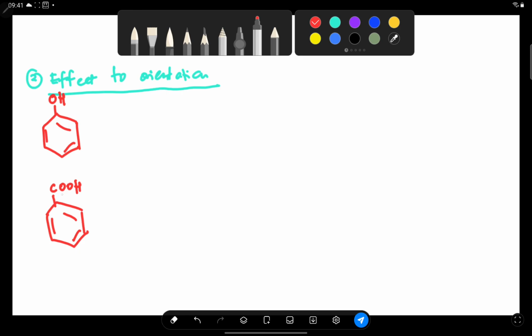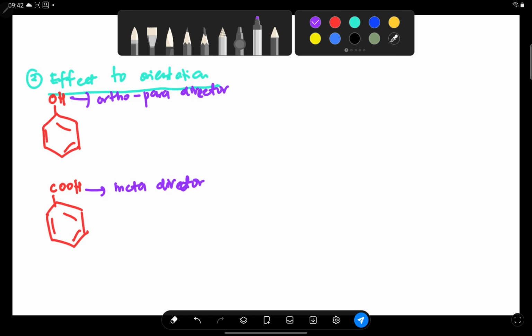Here is the carboxylic group, so the characteristic is deactivating group. At the same time, OH will act as an ortho para director, while carboxylic acid will act as a meta director.